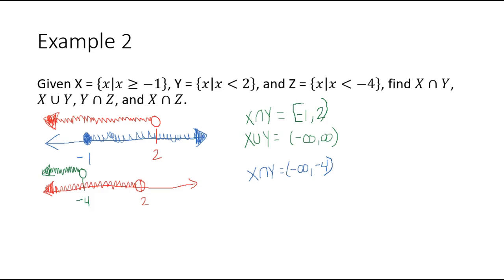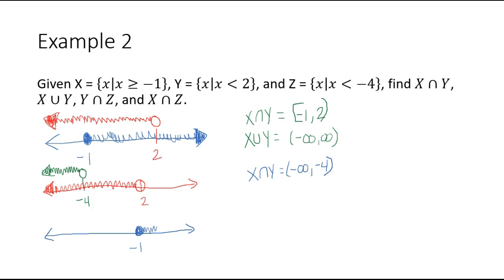All right. The last one we're going to look at is the intersection between sets X and Z. All right, so we're going to draw that picture down here. All right. Set X, we said, was all of the numbers that were greater than or equal to -1, and that looked like this right here.